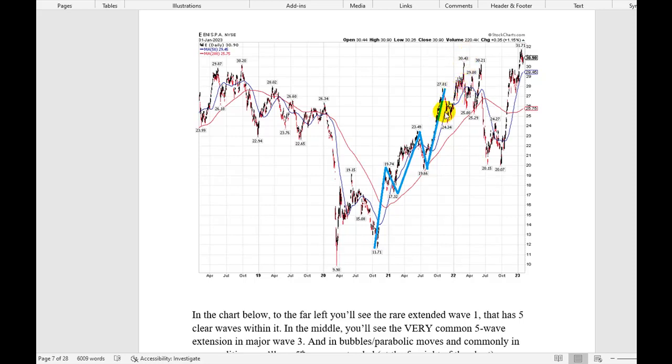When you see the 5 waves of wave 5 happening, you know to be out of that before this next big move from 30 to 20 in this instance happens. So you can maximize a lot of the upside. You can afford to stay in the trend longer when you're in the extended wave and feel more comfortable. The pullbacks will tend to be shallower anyway. There's usually a lot of good news, a lot of good volume, a lot of good momentum.